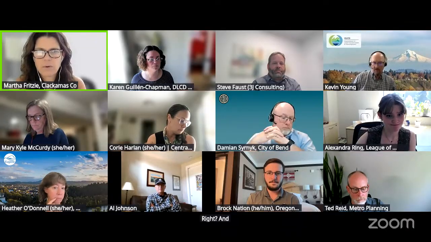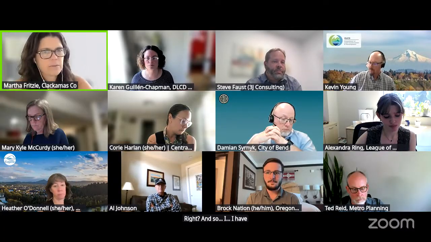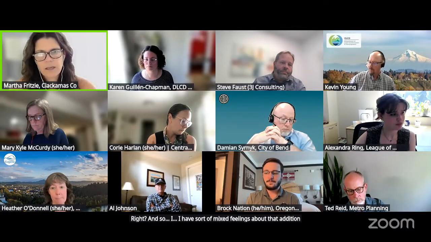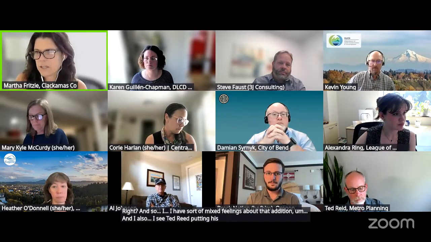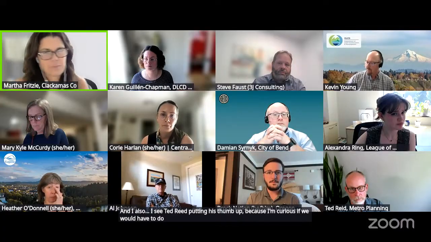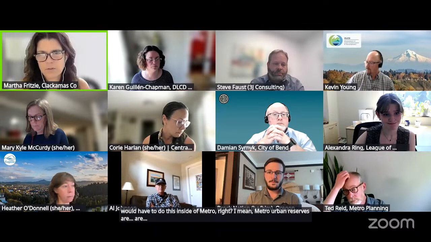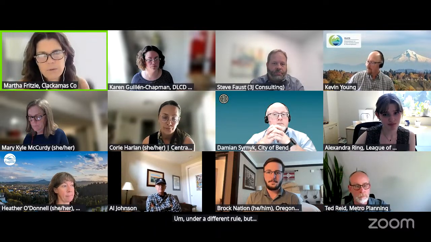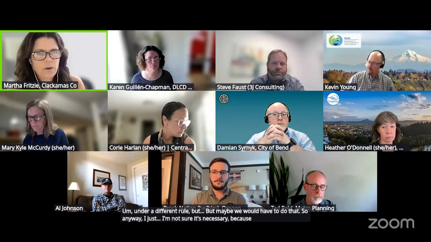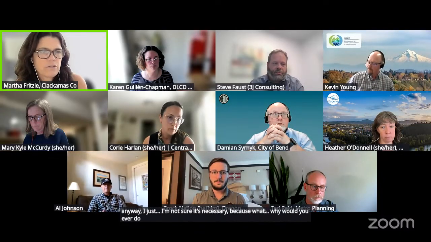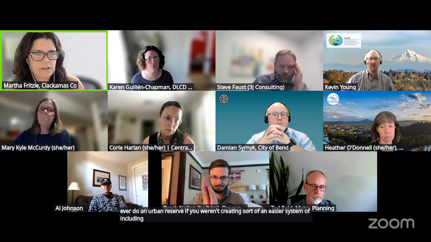So I have mixed feelings about that addition. And I see Ted Reed putting his thumb up, because I'm curious if we would have to do this inside of Metro. Metro urban reserves are under a different rule, but maybe we would have to do that. Anyway, I'm not sure it's necessary, because why would you ever do an urban reserve if you weren't creating an easier system of including land inside of your urban growth boundary?